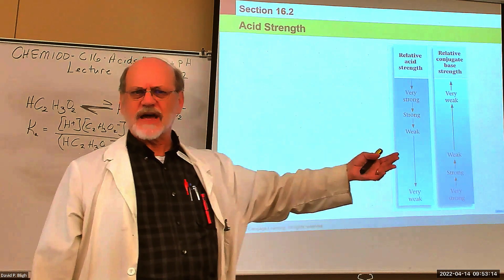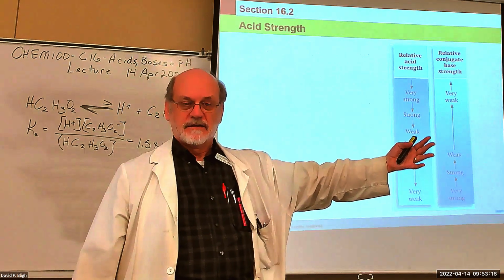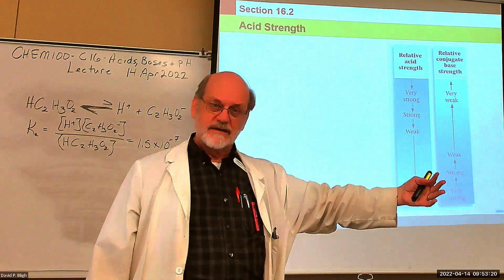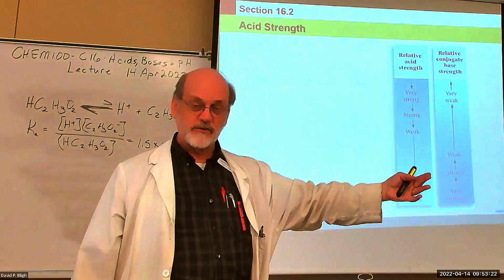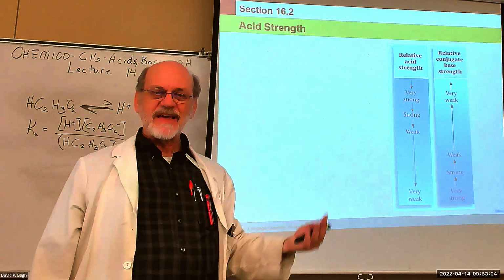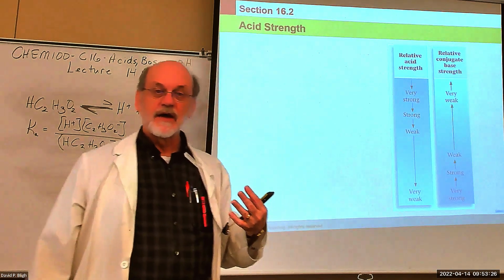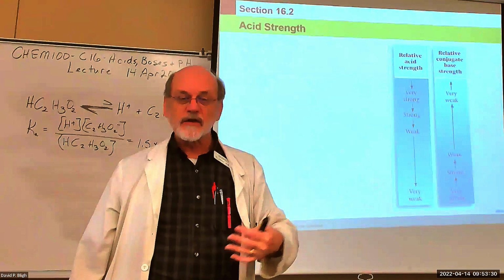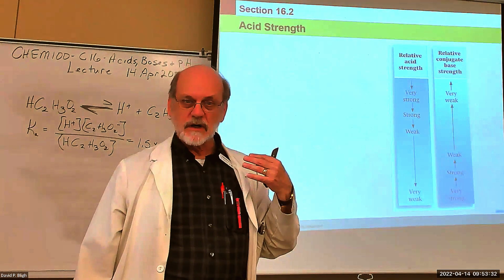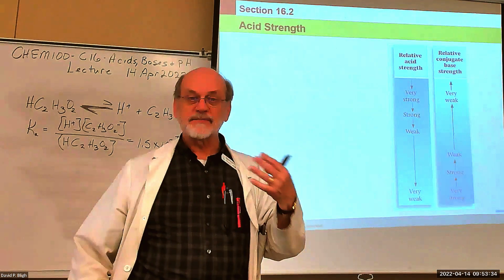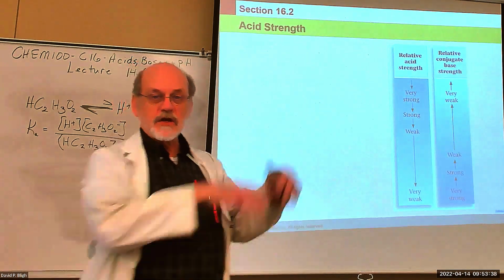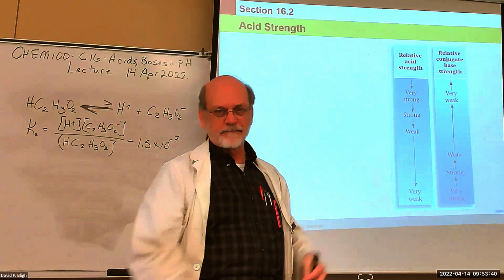No, it got rid of all its hydrogen. It doesn't want them back. So that makes the conjugate base weak. It does not want hydrogen. So bases are judged on their strength based upon how strongly they want to attract or accept a hydrogen ion. So if you have a strong acid, you get a weak conjugate base.